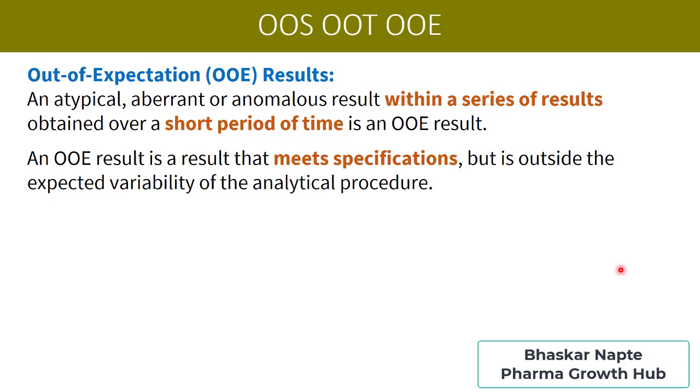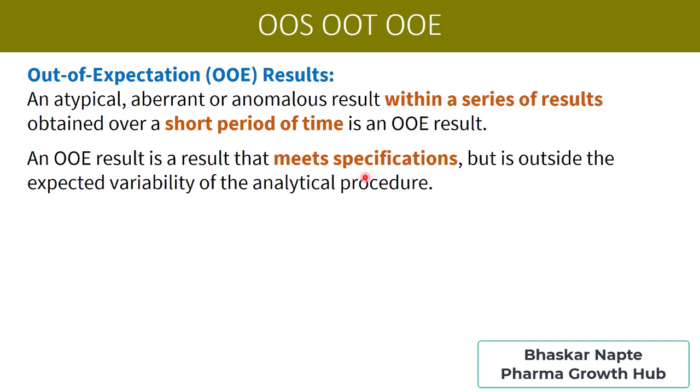It's a very important statement. But for some reason, it is outside the expected variability by the analytical procedure. And very importantly, it is observed over a short period of time. Over a short period of time. And I will explain why I am reiterating this term short period of time when we discuss the OOT term, that is the out of trend term, right?